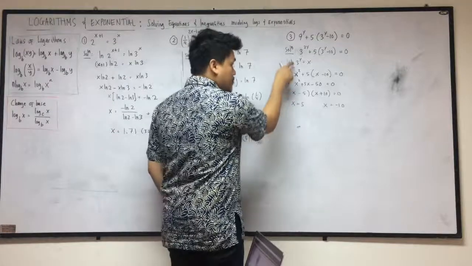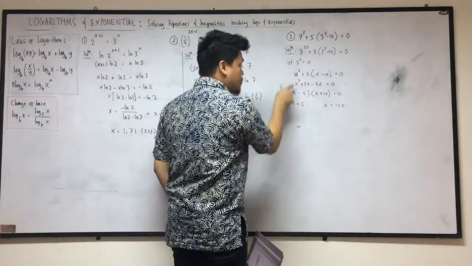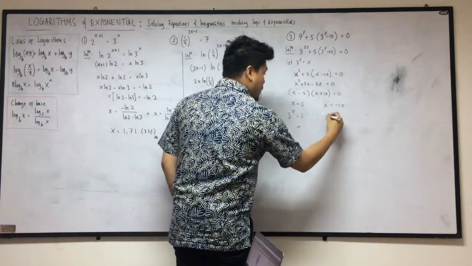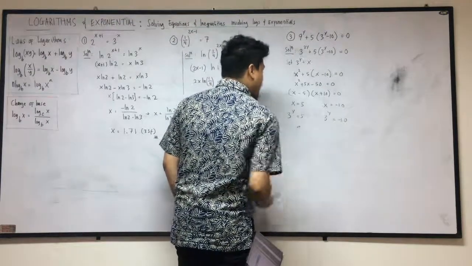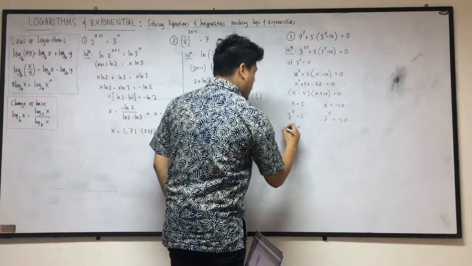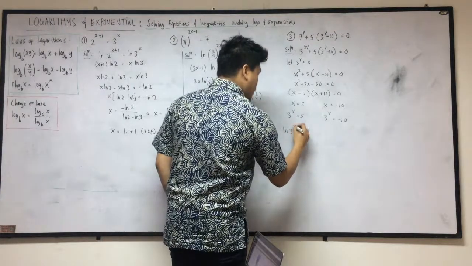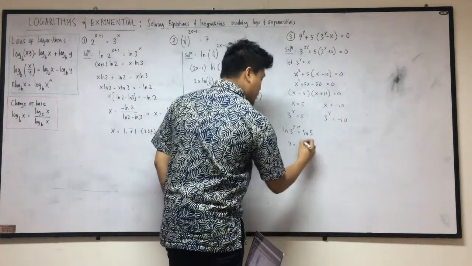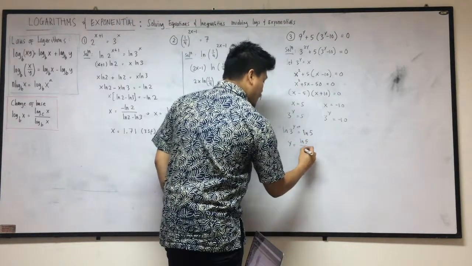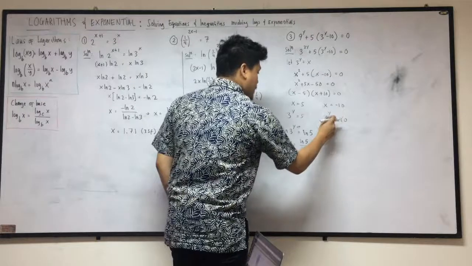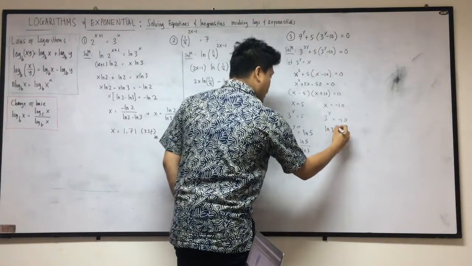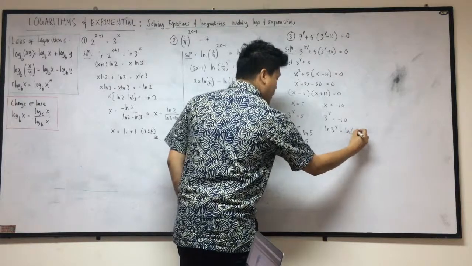Now that's where we return the x into 3 to the power of y. With x equals 5, we get 3 to the power of y equals 5, so ln 3^y equals ln 5, and y equals ln 5 over ln 3. This one is a little bit tricky though, because 3^y equals negative 10.